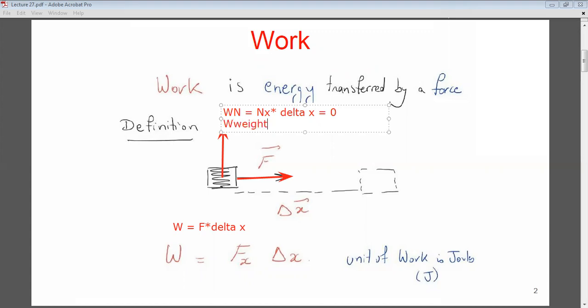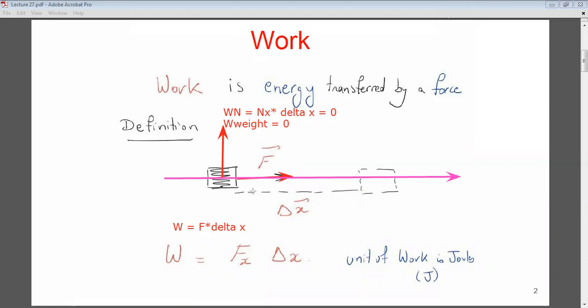I'll write it as weight just to distinguish W from W. Same thing, this will be 0 in this particular case, because it is perpendicular to the line where the object is moving. So this is our delta x, our x-axis. We always take it along the line of motion. The box is moving this way, so x is this way.